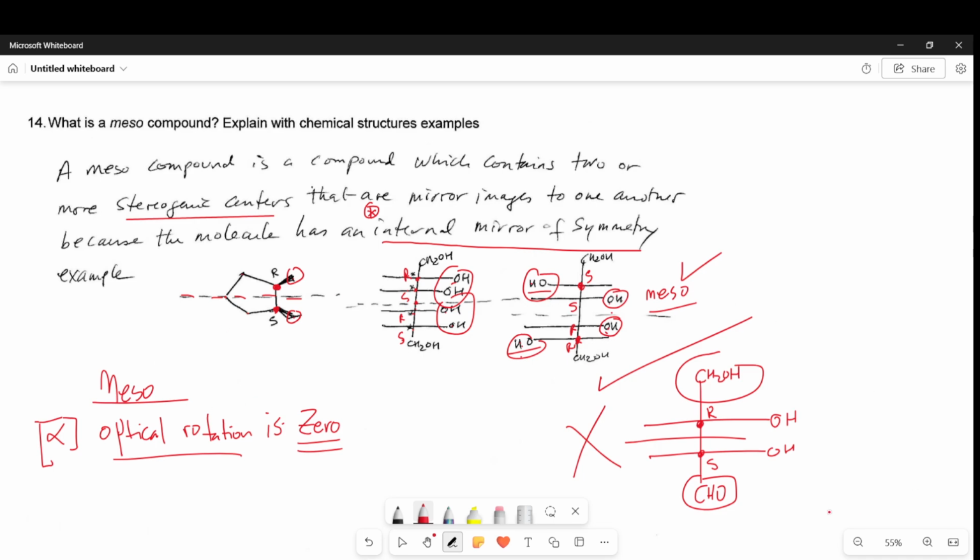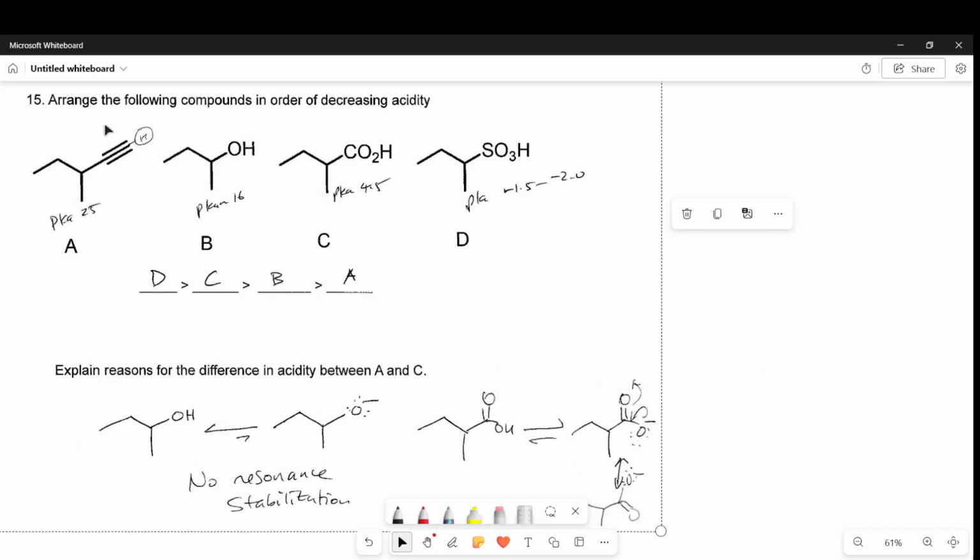Okay, we'll continue now to question number 15. Arrange the following compounds in order of decreasing acidity. So you have compound A, B, C, D, and this is an alkyne, pKa. This hydrogen right there is what we are referring to.